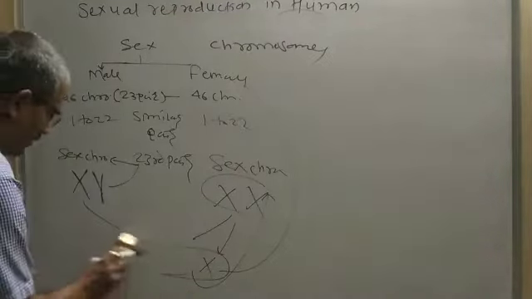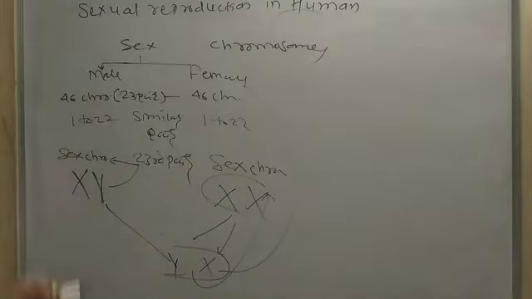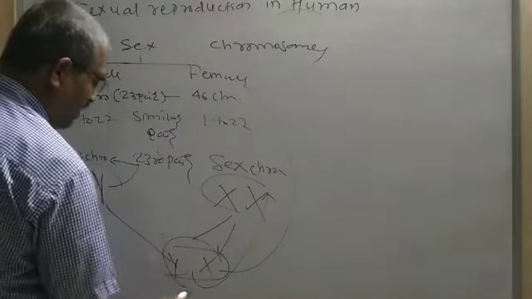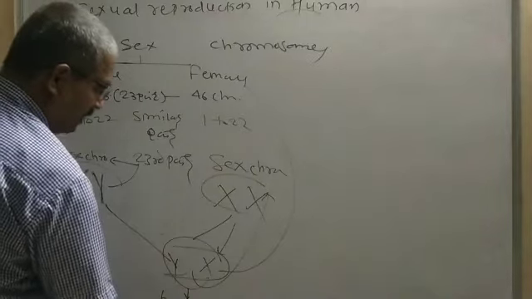And instead of X, if Y is released from the 23rd pair, then it is X and Y, which means the new baby will be a boy, that is male.